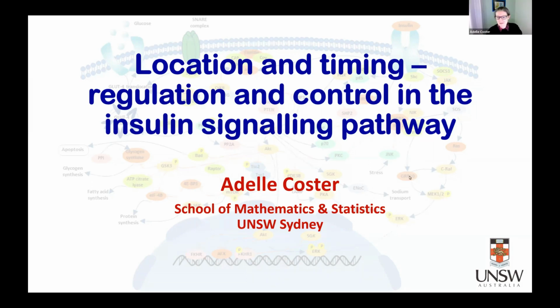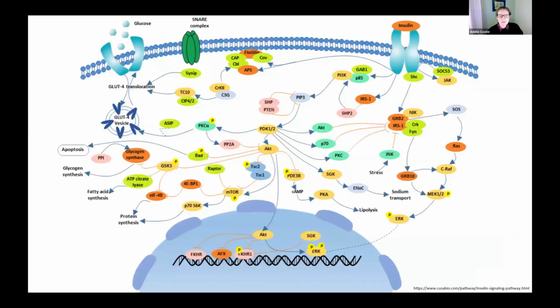Thank you very much. So this is one of my main interests that has been for some time, and that is looking at the dynamics within a cellular signaling system, in particular the insulin signaling system. I'm throwing up here just one of the diagrams that you can find on the web about the insulin signaling pathway. So in this system, you've got insulin, which is synthesized in the pancreas.